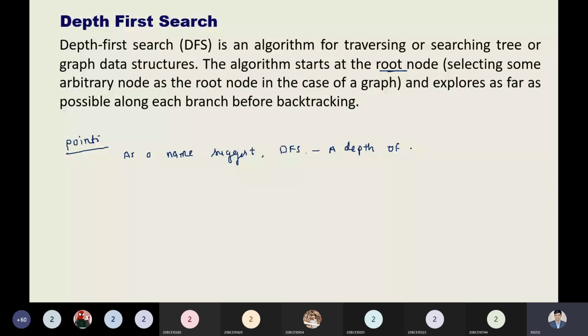All possible nodes must be visited. So we will focus on the depth, and the higher depth will be considered the depth-based node, we can say.